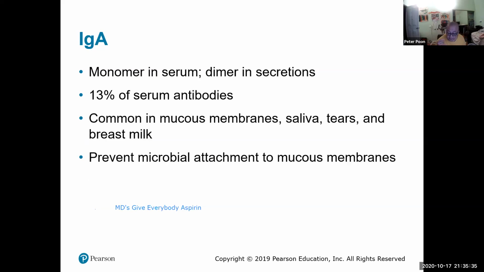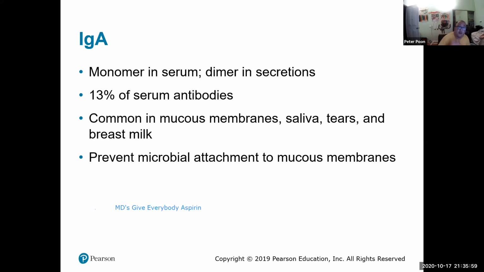IgA. We talked a little bit about IgA when we talked about some bacterial responses, and one of them is that there's an IgA protease. IgA is a dimer in secretion. That's the most important thing. IgA is an antibody that is secreted.